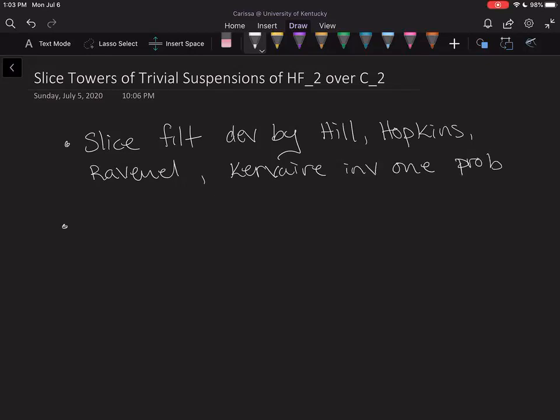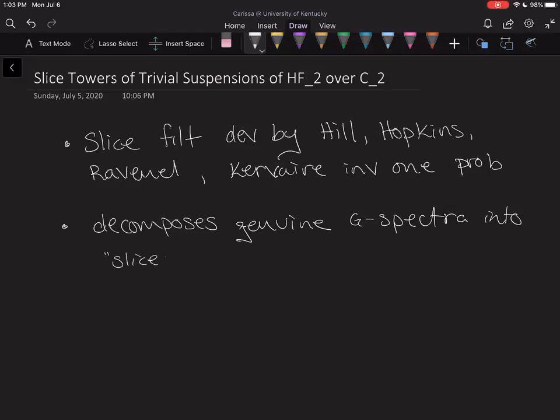Essentially, what the slice filtration does is that it decomposes genuine G spectra into these things called slices. And the way I like to think about them is that they are irreducible pieces.